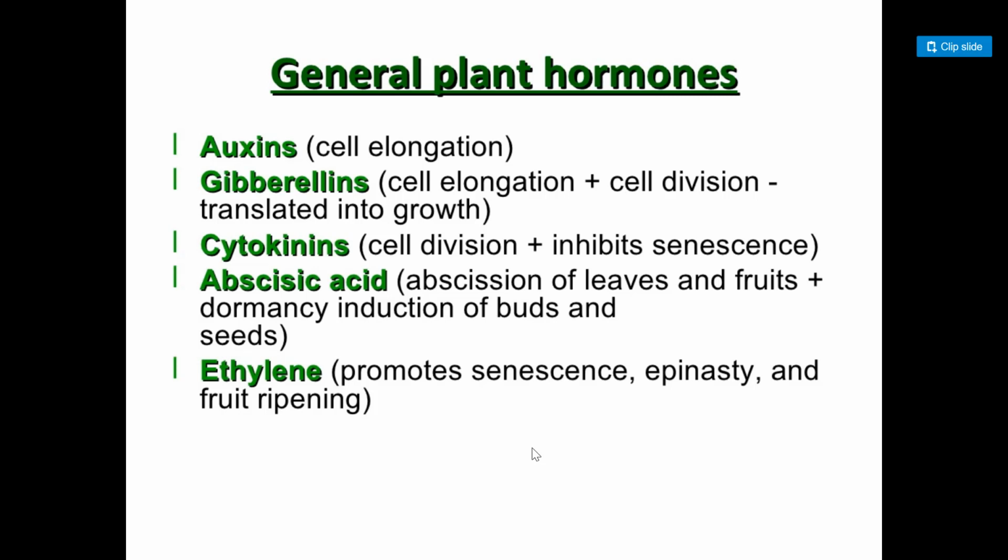Okay, so plant hormones. The first category: Auxins. And so again, these are hormones. These are chemicals that the cell will bind with a receptor, transduce, and then execute some response. The typical cell response is cell elongation.